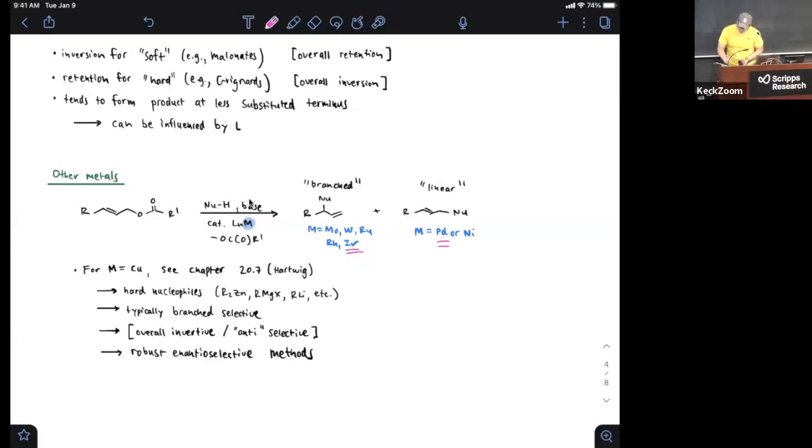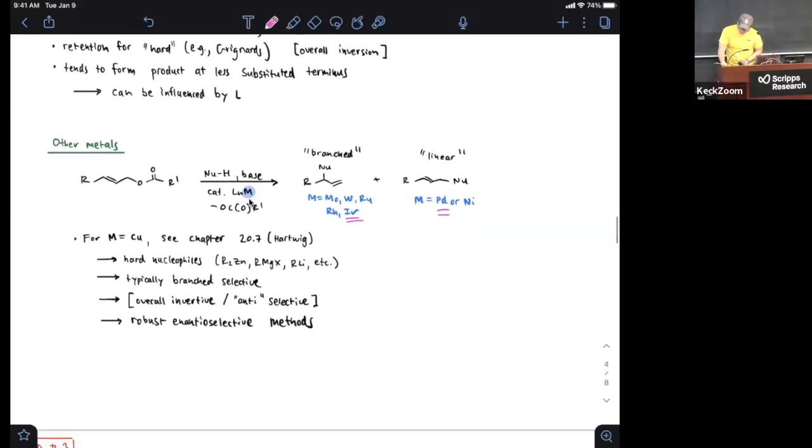Because of these mechanistic features, it's overall invertive, namely stereo invertive oxidative addition, stereo retentive transmetallation, reductive elimination. And there's a beautiful suite of robust enantioselective methods developed by the likes of Alexakis, Hoveyda, and many other key contributors in this area.